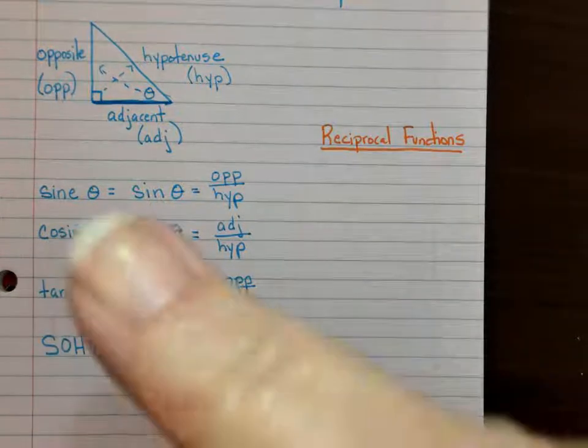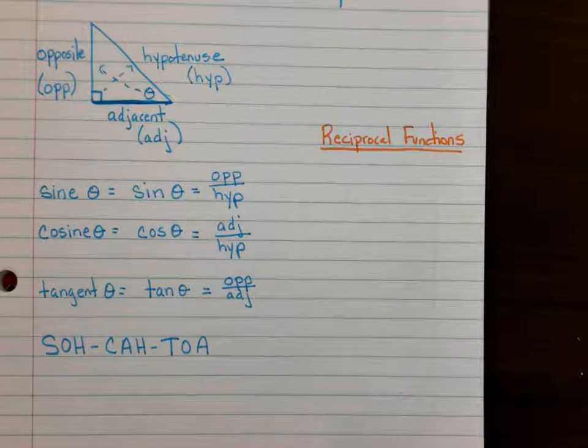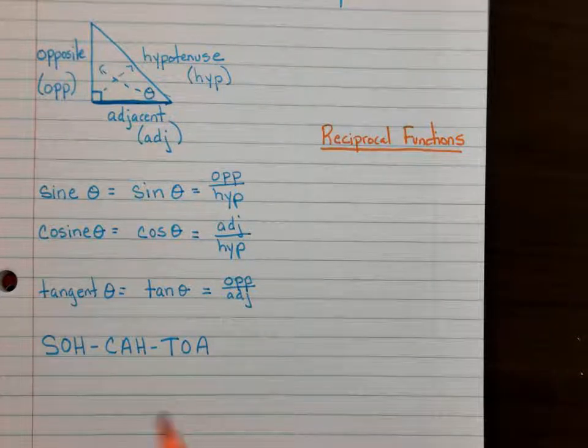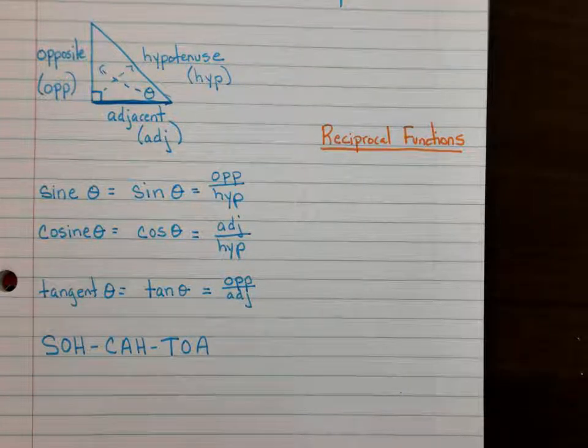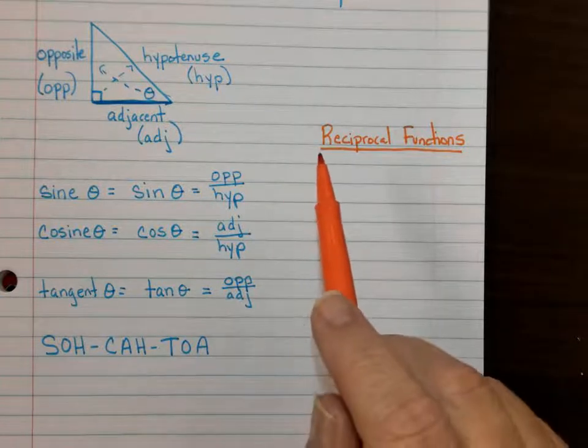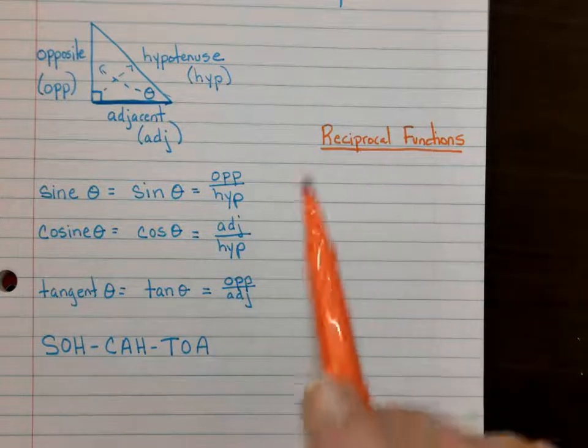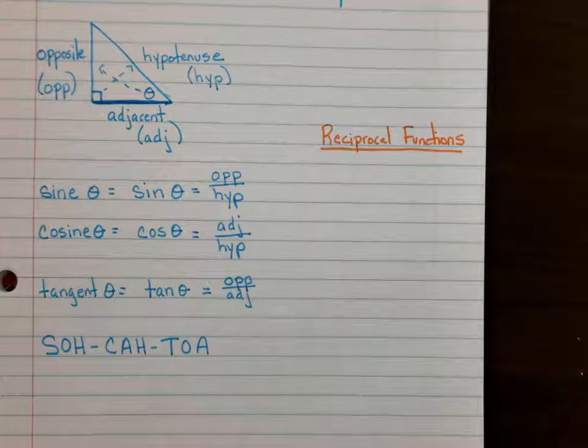When you flip the numerator and the denominator, that's the reciprocal. When you multiply two reciprocals together, they equal 1. Now when you take the composite of a function and its inverse, remember that equals x, not 1. So we're looking at reciprocal functions, which is different than an inverse function.